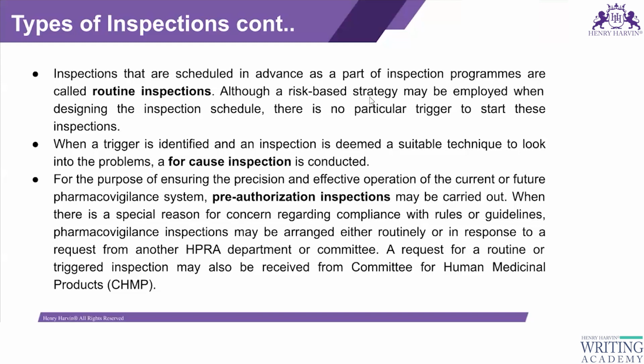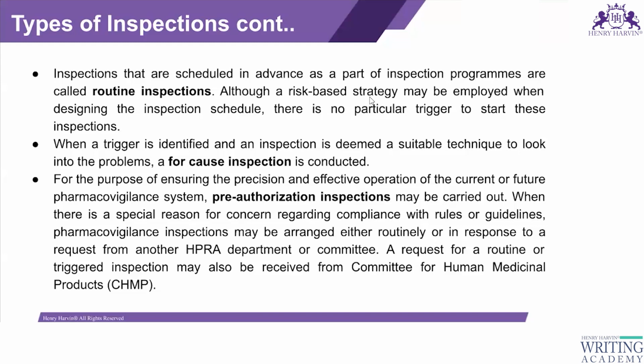Then when a trigger is identified, an inspection is deemed a suitable technique to look into a problem, and a for cause inspection is conducted. The third type of inspection is the for cause inspection, in which any issue or problem that occurs triggers an inspection.